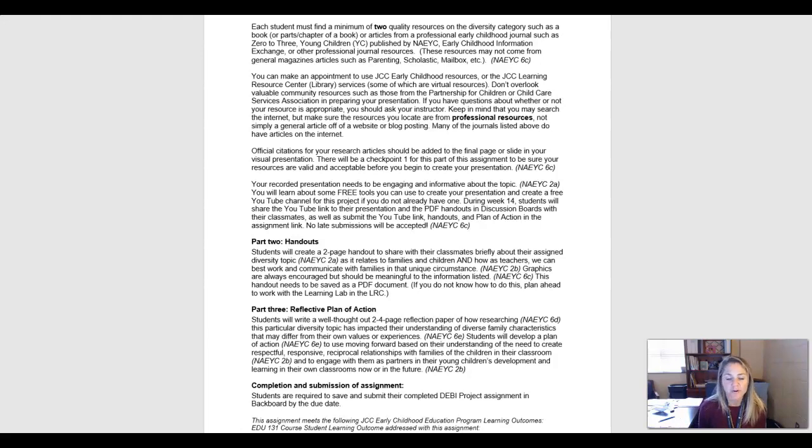Part 3 of your assignment is a reflective plan of action. So this is a written out 2 to 4 page reflection of how researching this particular diversity topic has impacted your understanding of diverse family characteristics, and develop a plan of action to use moving forward based on your understanding now of the need to create a respectful, responsive, reciprocal relationship with families of the children in their classroom.